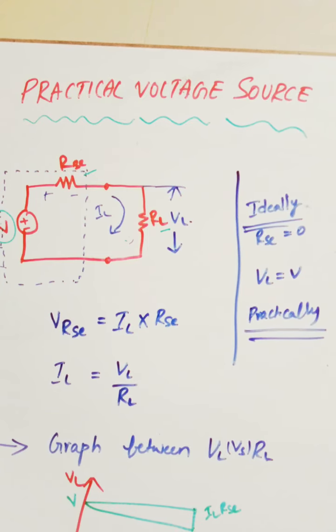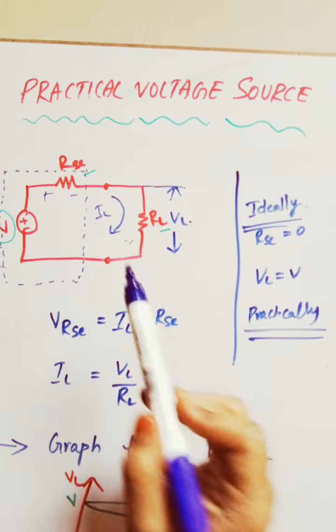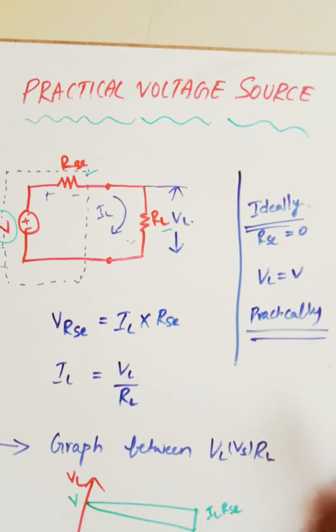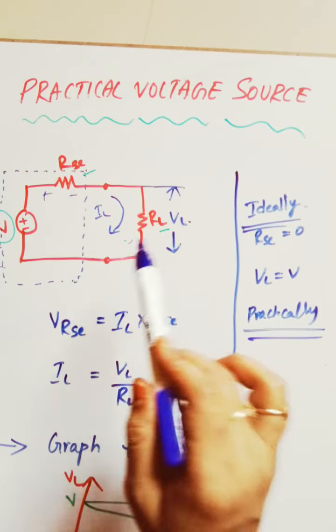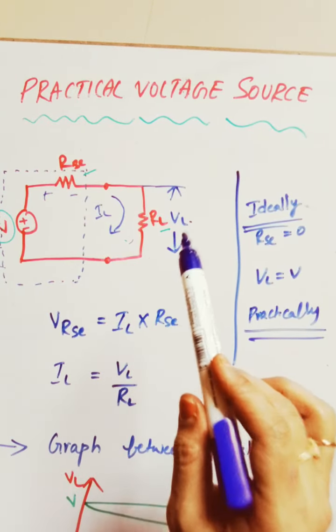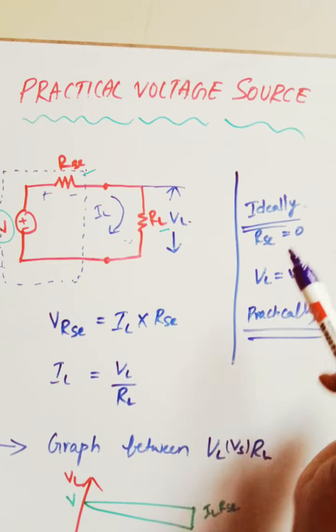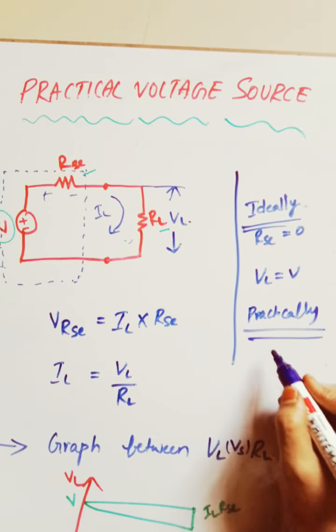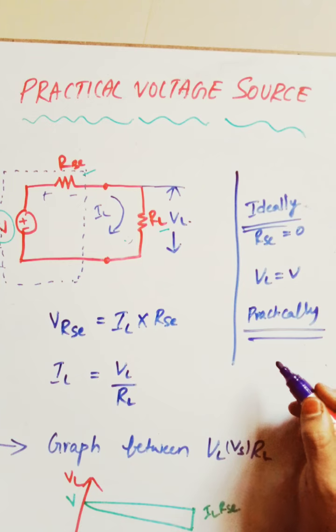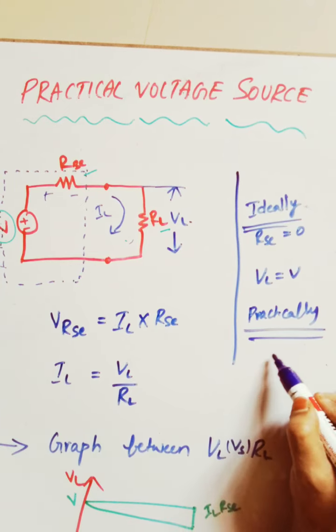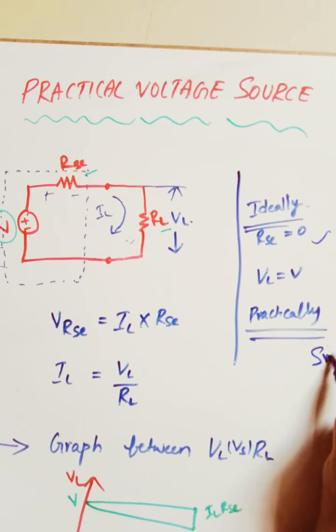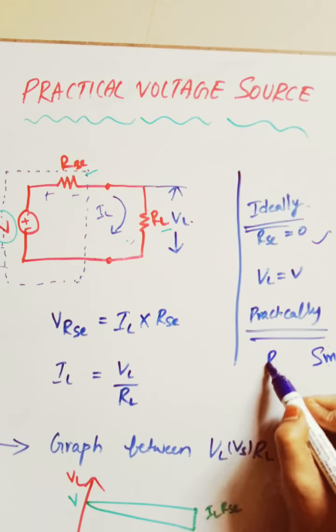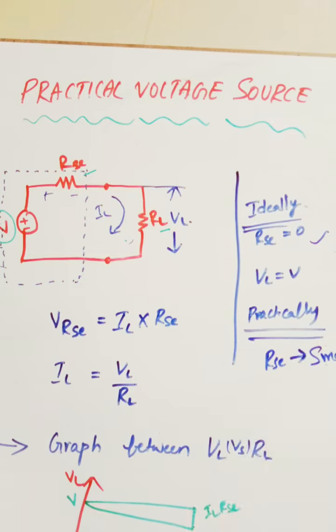It will always be there, but ideally it will be 0. While we are solving problems for source transformation, we always deal with a practical voltage source, and with this practical voltage source we take RSE values very small.